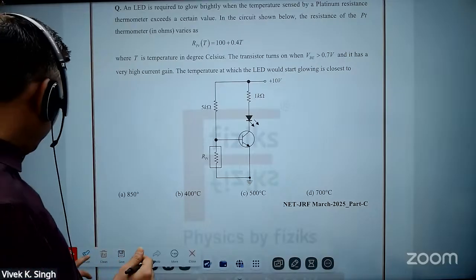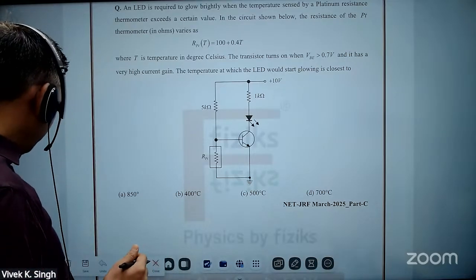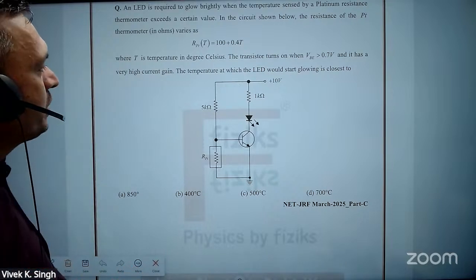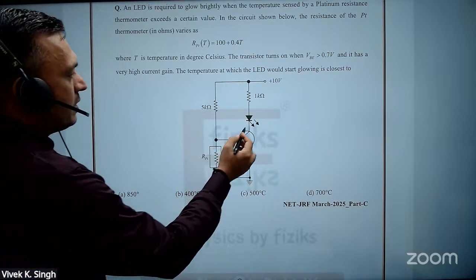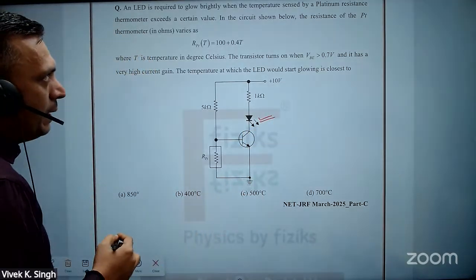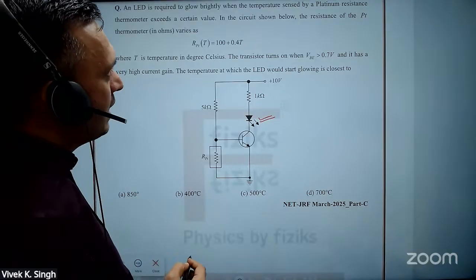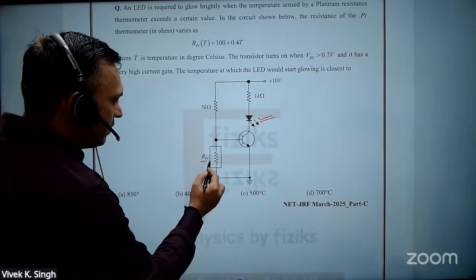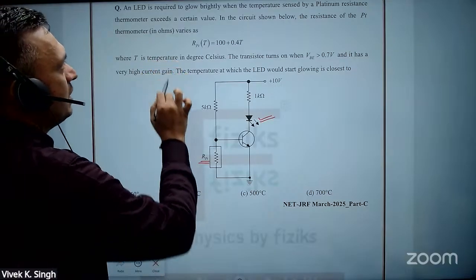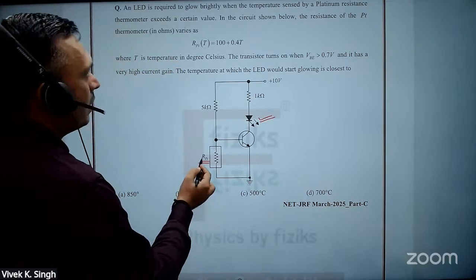First we have to see the statement of this question. An LED is required to glow when the temperature sensed by a platinum resistance thermometer exceeds a certain value.